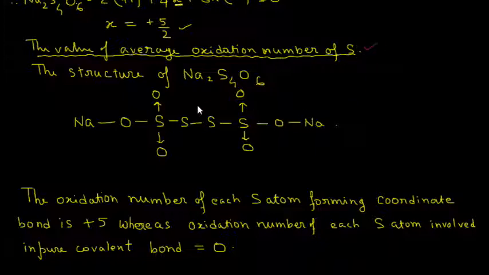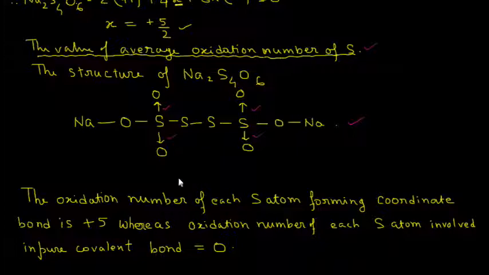First we'll draw the structure of Na2S4O6. The structure will be in this way. Here the important thing is the 4 coordinate bonds between S and O: 1, 2, 3, 4. And the rest of the bonds are covalent bonds.